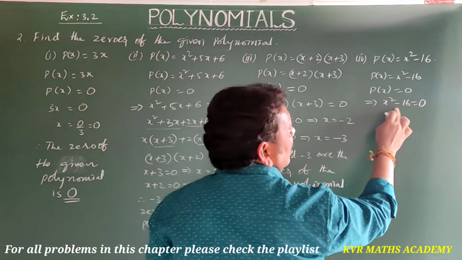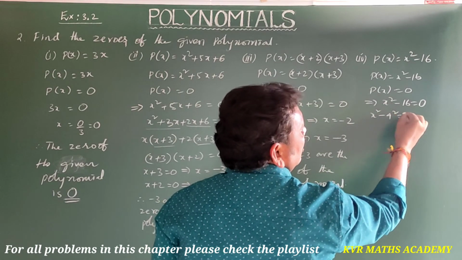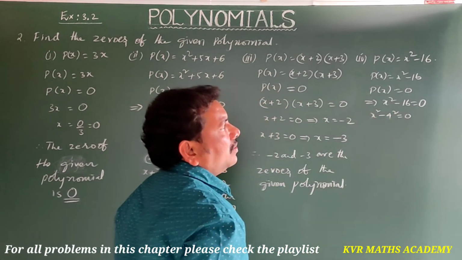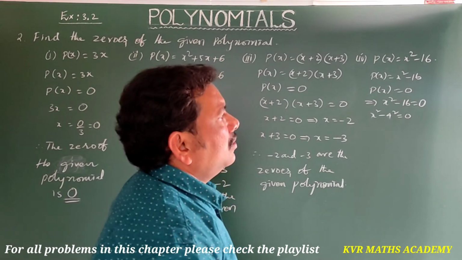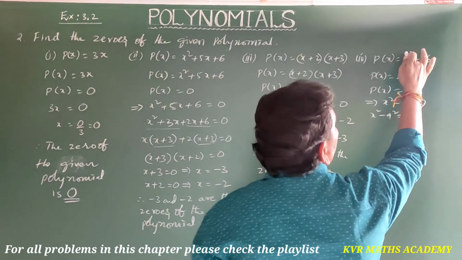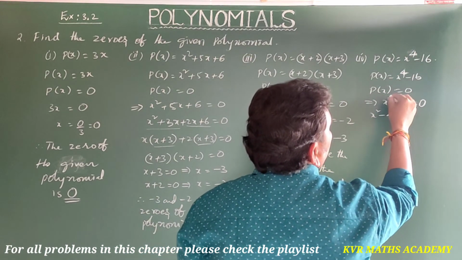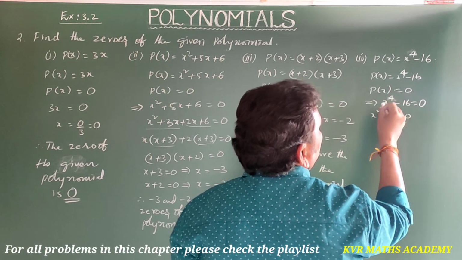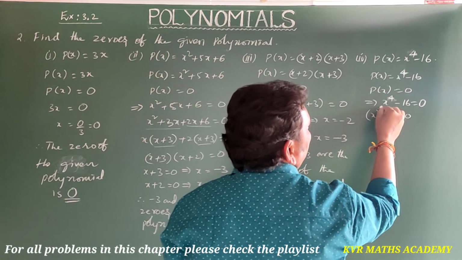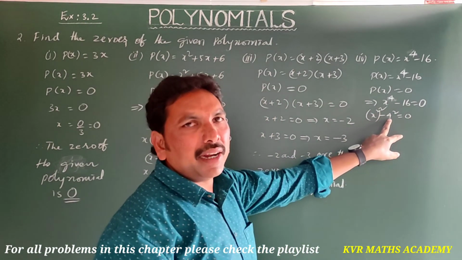Here it is in the form of x power 4 minus 2 power 4, so x power 4 means x square whole square, and 16 is 4 square. X square whole square minus 4 square.